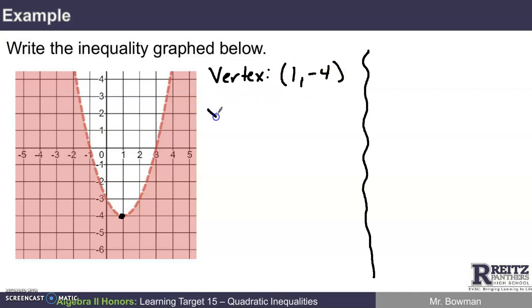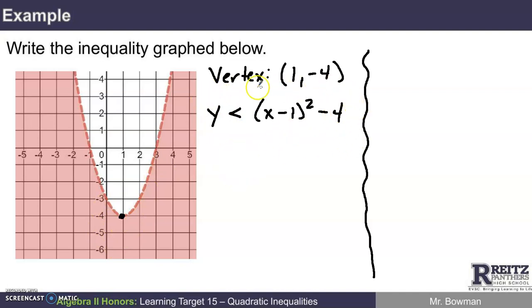I could say, well, hey, that means that y is something compared to x minus 1 squared minus 4. Can I figure out which inequality sign to use here? Well, it's a dotted line, and I've shaded the things that are below the line. This must be strictly less than.